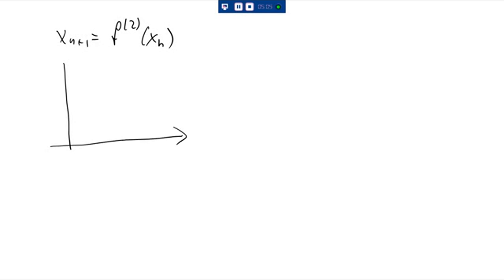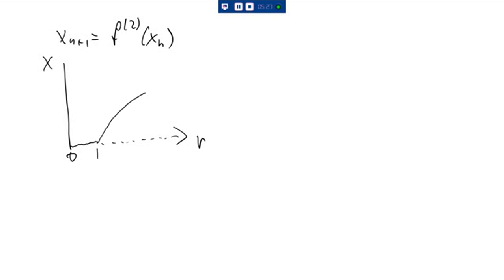Now, if we look at the bifurcation diagram for this map, x_{n+1} = f2(x_n), we will see the following phenomenon. So this is r, parameter r, these are fixed points. We have again one fixed point which is stable between 0 and 1 and unstable if r is more than 1.